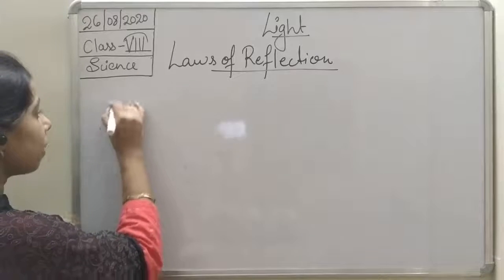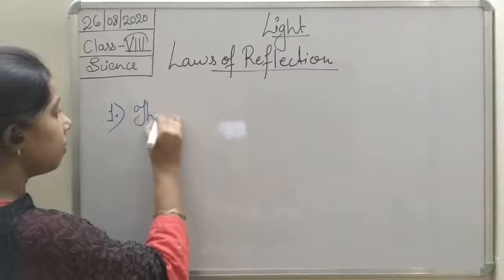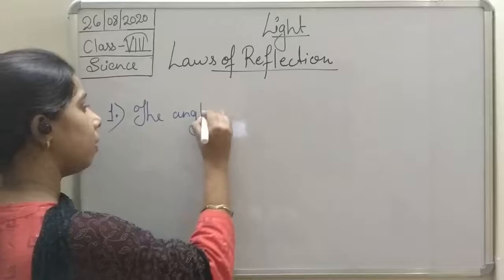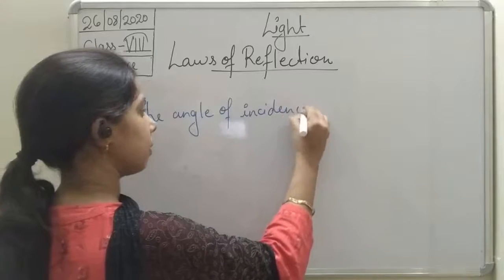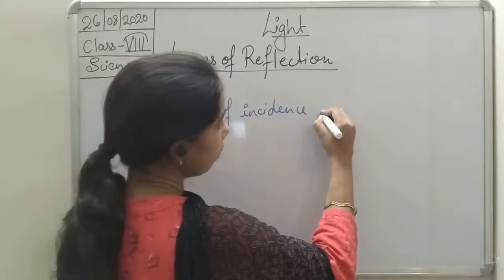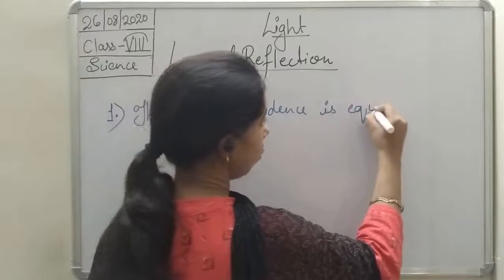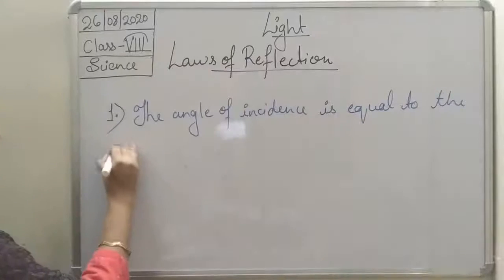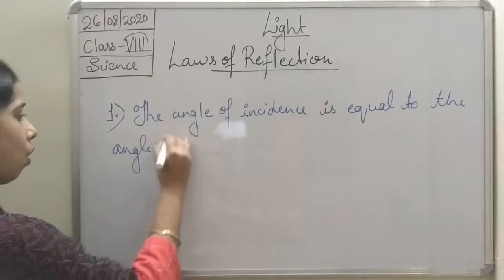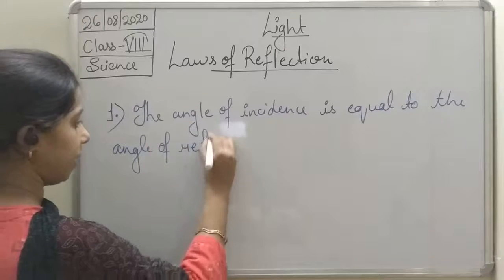So the first law states that the angle of incidence is equal to the angle of reflection.